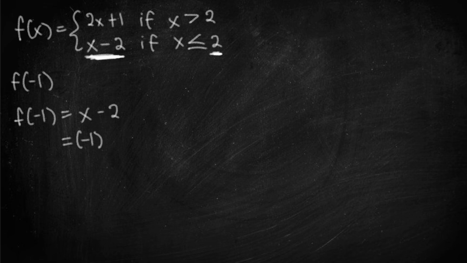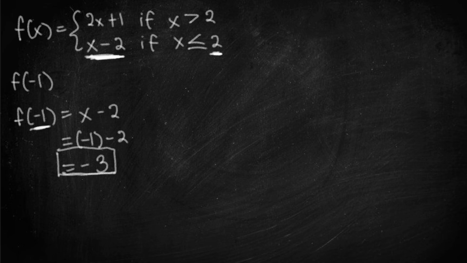So negative 1 minus 2, and we need to remember when we are subtracting two negative numbers, we just add them both and copy the negative sign. So negative 3. So we know that f at negative 1 is equal to negative 3. And this is the value of the function at this specific variable.